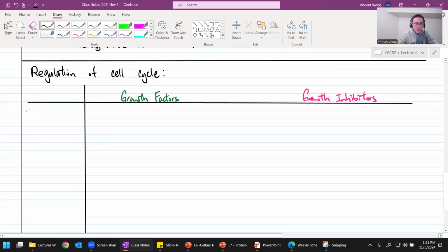All right, so let's start with a function, which is pretty self-explanatory. Growth factors are going to promote cell division. And on the other hand, growth inhibitors are going to inhibit cell division.